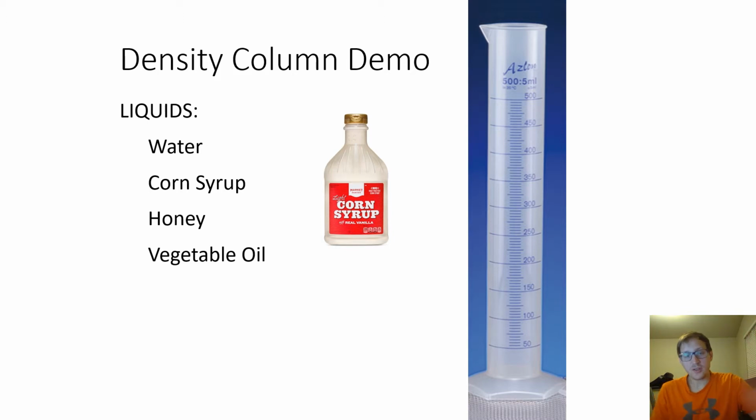But if you took these liquids, I think you can pretty much assume these things are not going to mix. Instead of mixing, what's going to happen is if you pour them in the right order, or if you pour them out of order and you wait long enough, they separate. And the more dense liquids are going to be at the bottom. And as you go up, you get different and different densities.